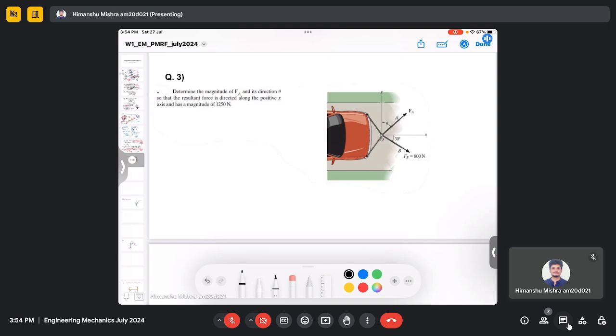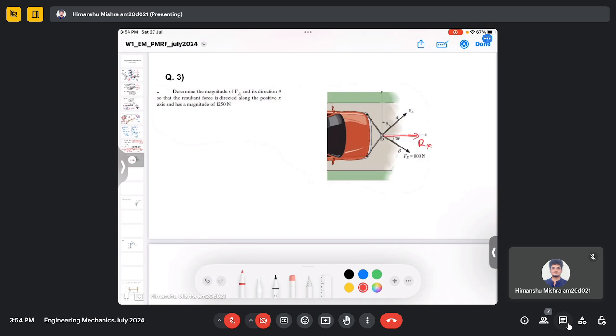So in this question, determine the magnitude of force Fa and its direction theta, so that the resultant force is directed along the x-axis and has a magnitude of 1250. So it's the same problem. We have been given that the resultant is along the x-axis.